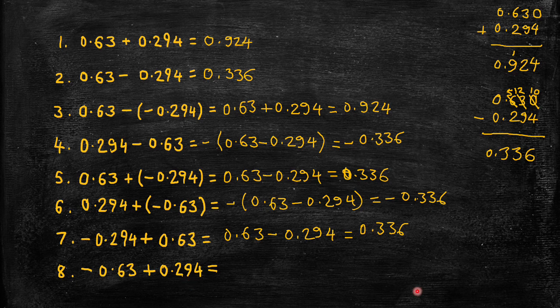We know that if we run into that issue, we just need to switch it again and then take the negative. So we could rewrite this one as the negative of 0.63 minus 0.294. And so we know that that comes to minus 0.336.